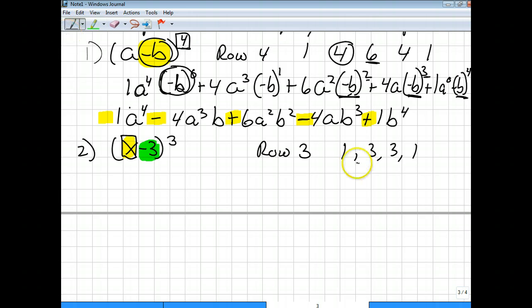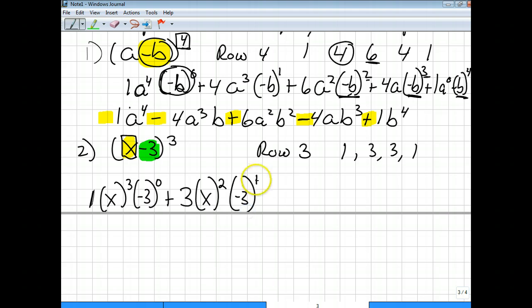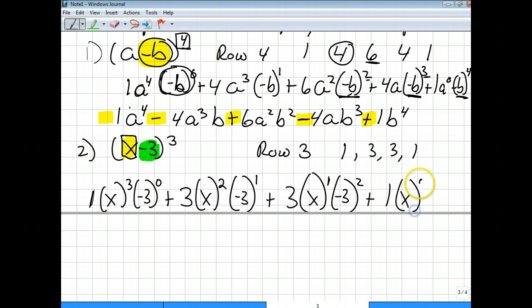Okay, so it's going to be 1, our a term to the third power, our b term to the 0 power, plus 3, our a term to 1 power less, our b term to 1 power more, plus our a term to 1 power less, our b term to 1 power more, plus our a term to 1 power less, and our b term to 1 power more.